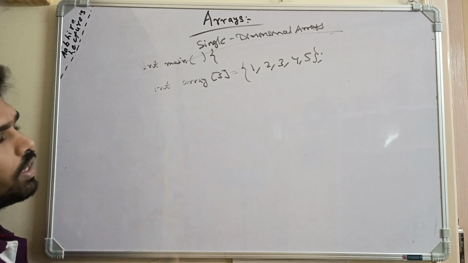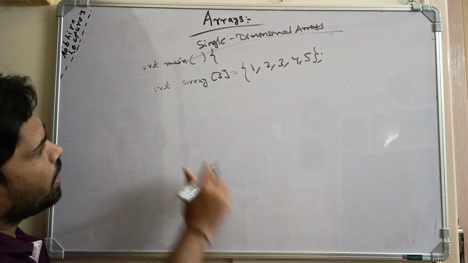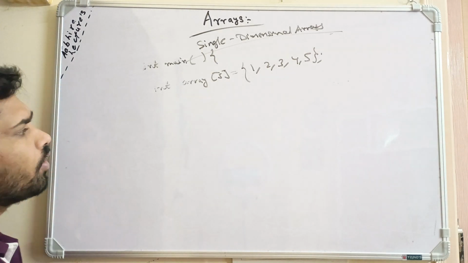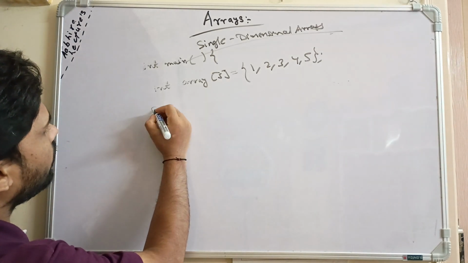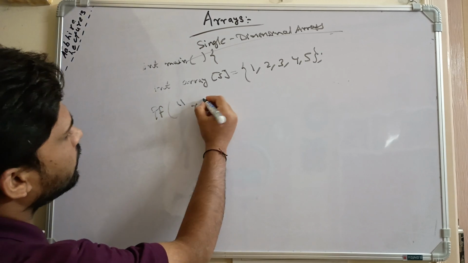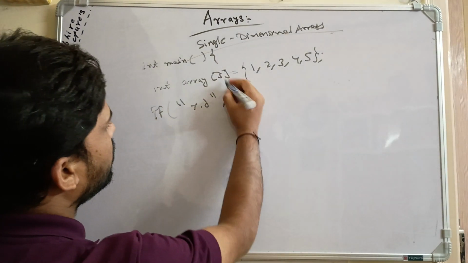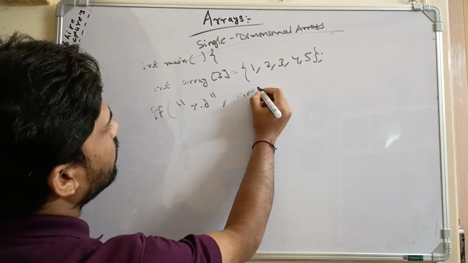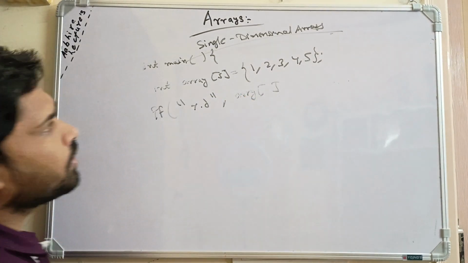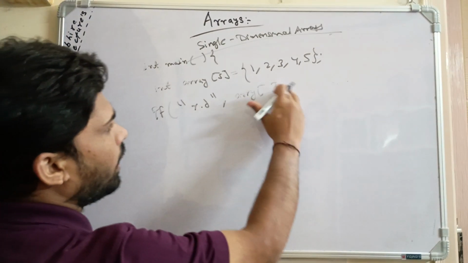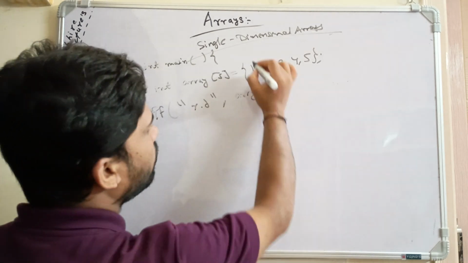Single array. Now if you want to print, if you want to access, how can we print? If you want to print, printf percentage d, comma, array index. We know in arrays we count from index 0, so our index always starts from 0.